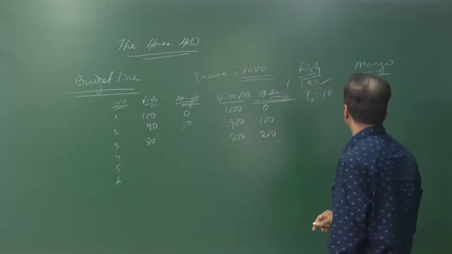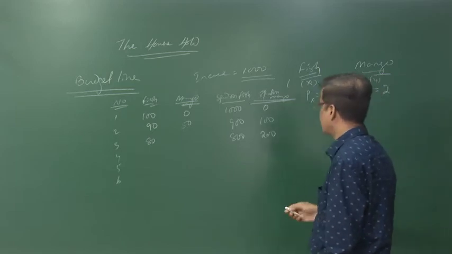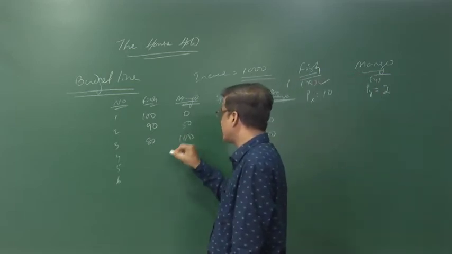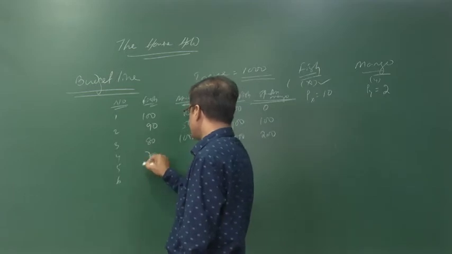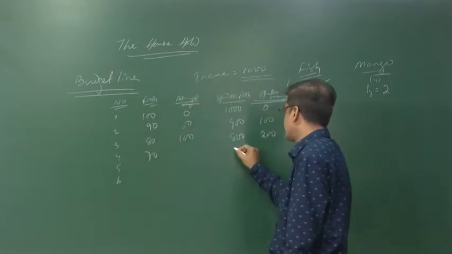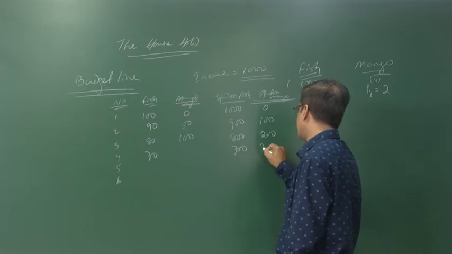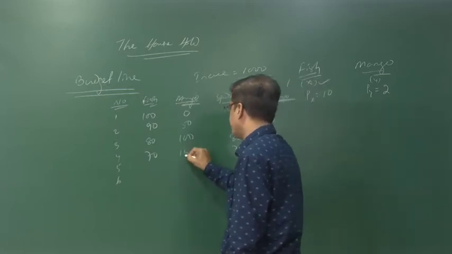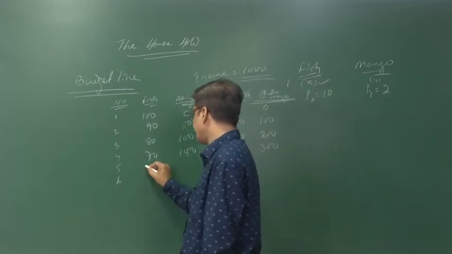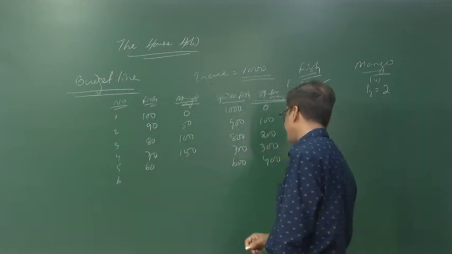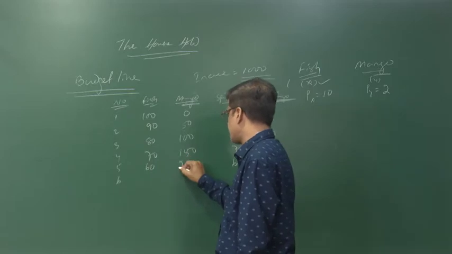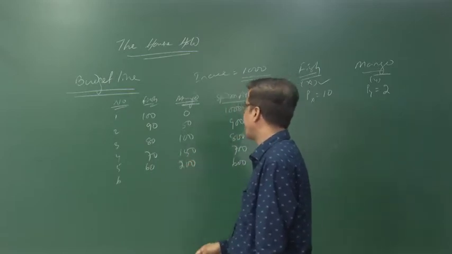If you spend 200 on this, that is 100 units of mango consumed. Similarly, if we consume 70 units of fish, you spend 700, remaining 300, and it will be 150. It will be 60, that means 600, and it will be 400. If it is 400, it turns to be 200 units of mango.